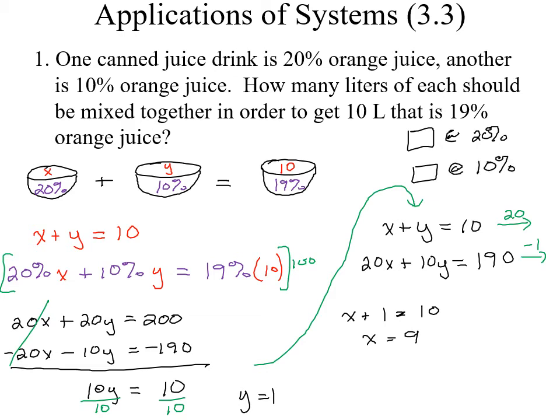And you have to know to put the x over the 20% tub, so the x value goes in for the 20%. And the y value goes in for the 10% because the y is on the 10% tub. So hopefully that makes sense. So we have 9, and this is actually liters. I left the liters off, but this is 9 liters at 20% and 1 liter at 10%.